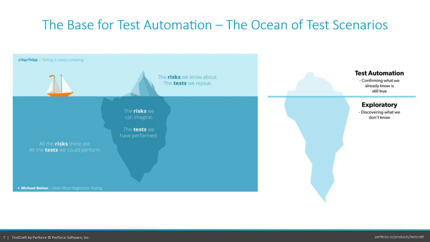So if we look at the ocean of test scenarios, as we call it, it's divided here into test automation and exploratory, but I would first look at the small letters here, and I would say there are the areas or things that we know that we need to check or that might break, and that is only the tip of the iceberg.